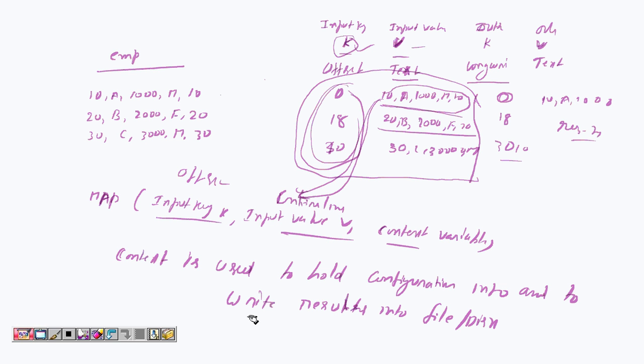This is the main purpose. Got it, no? So why you are using context: you are writing the output into the file. That is the main purpose of the context. So that's why you are going to use context.write. You use context.write with the K, V value. Both values you are writing in the output. Got it?